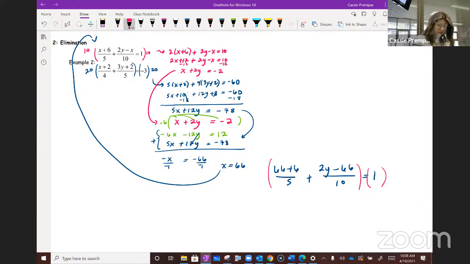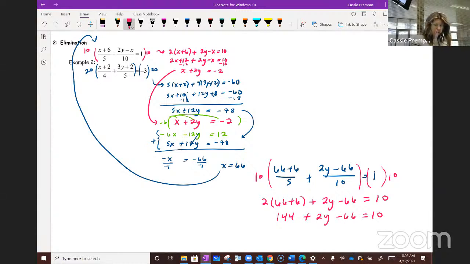So if I got rid of all those fractions, what would I multiply that by? 10. Makes it easier for me. I have 2 times 66 plus 6 plus 2y minus 66 equals 10. 66 plus 6 is 72. 72 times 2 is 144. 144 plus negative 66.